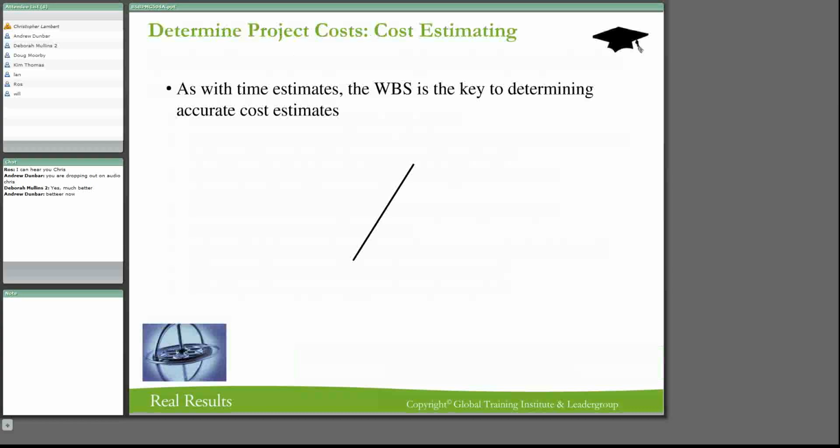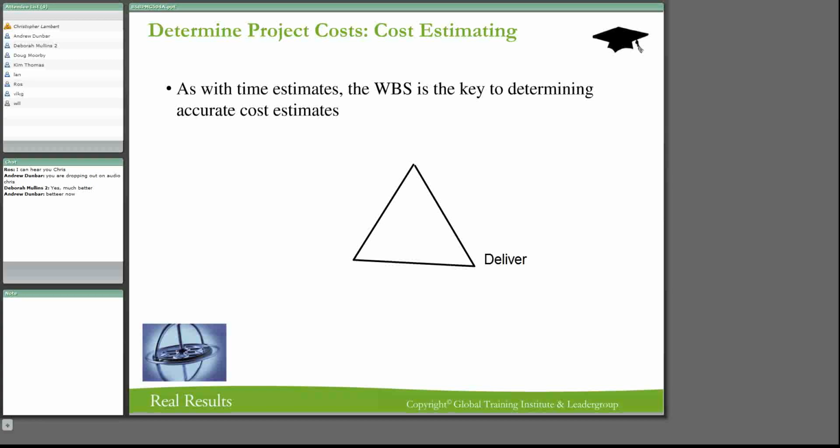What I want to do is put an overlay on quickly, and if you can remember, we drew a triangle, and a project manager needs to look at all of those three areas. So if we have deliverables, we've got to deliver something.